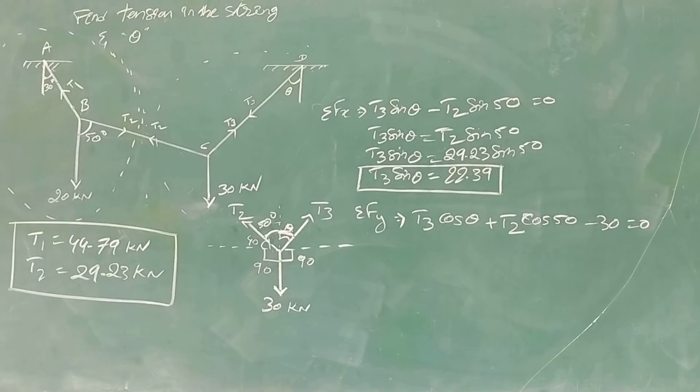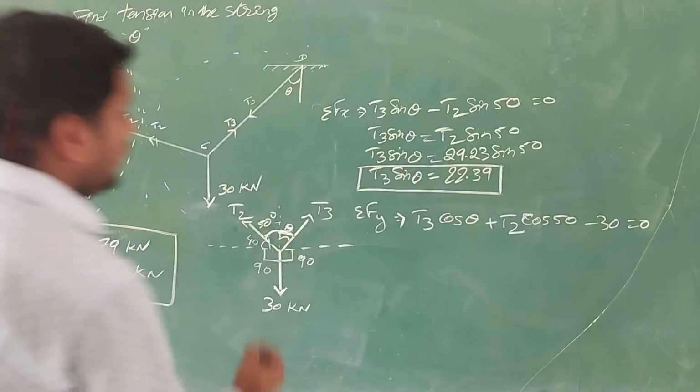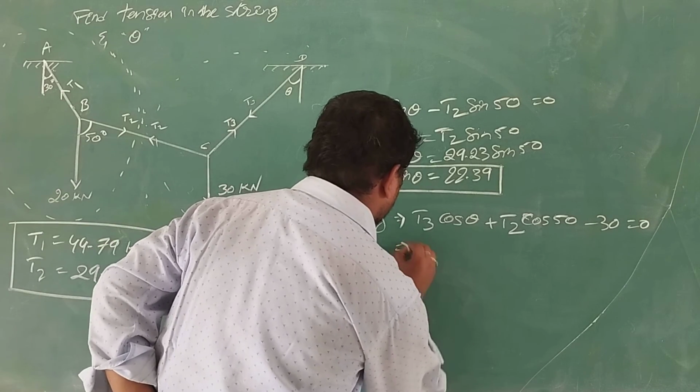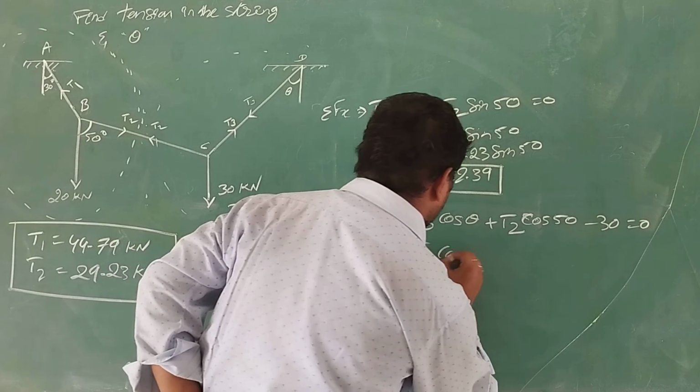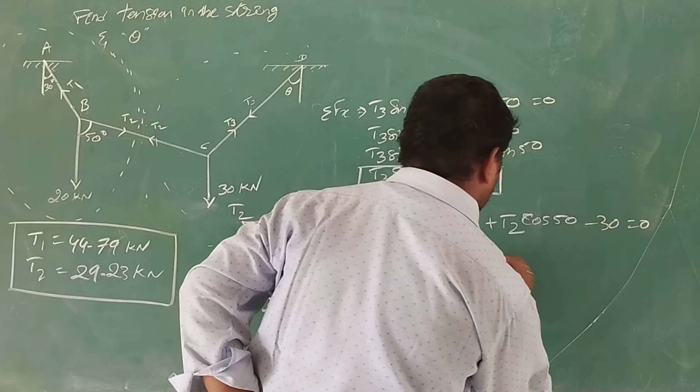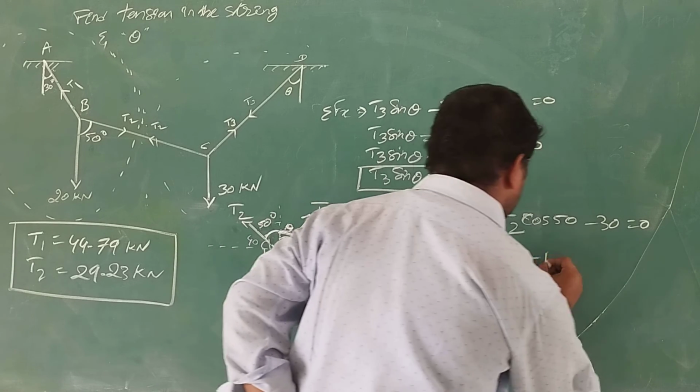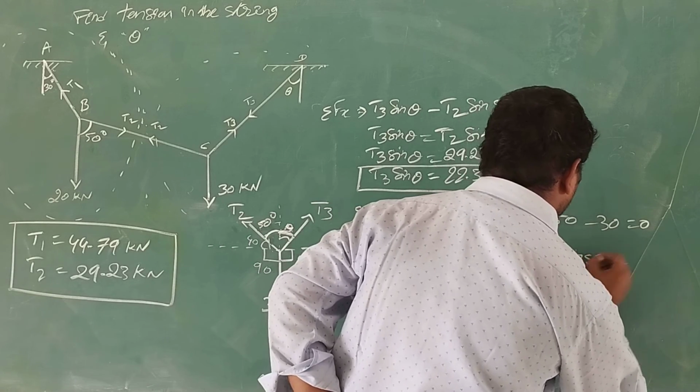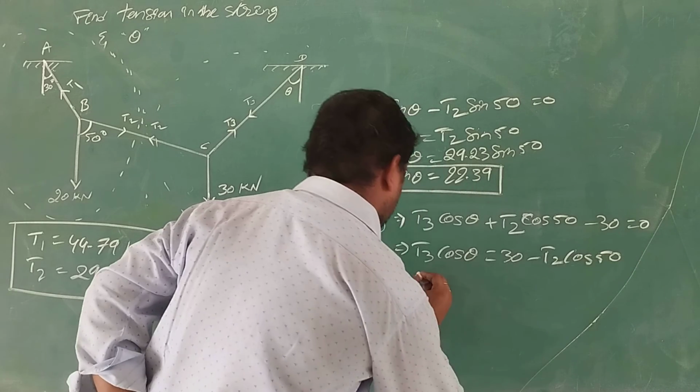Let me know. From this you can write T3 cos theta is equal to 30 minus T2 cos 50.